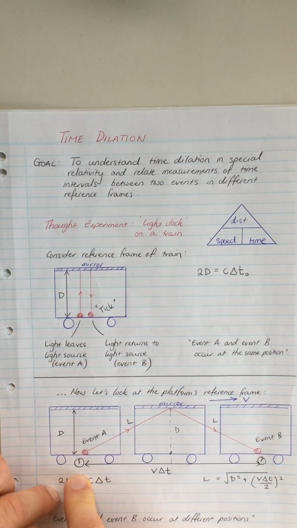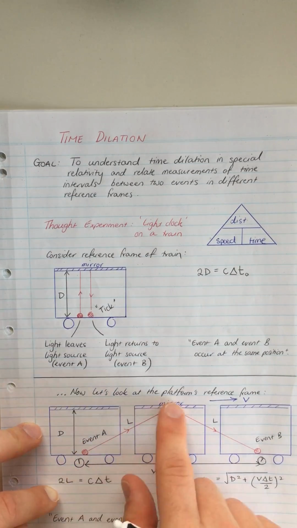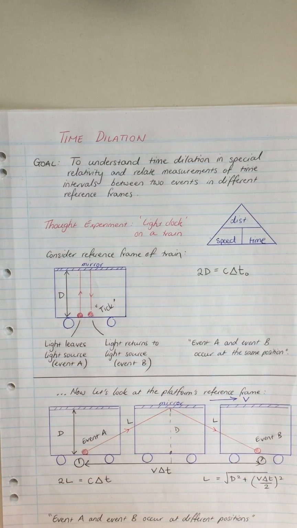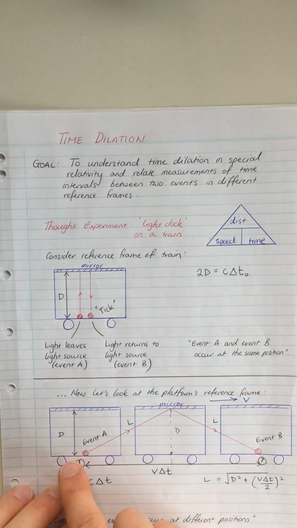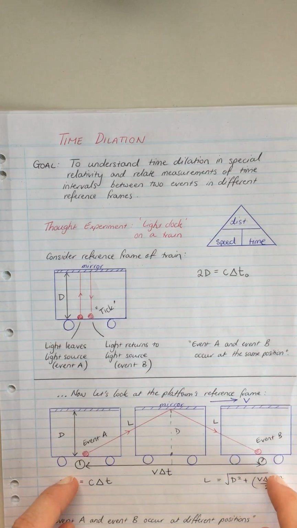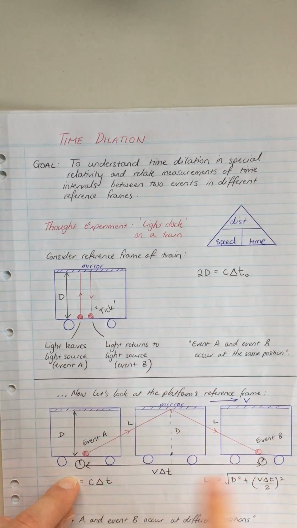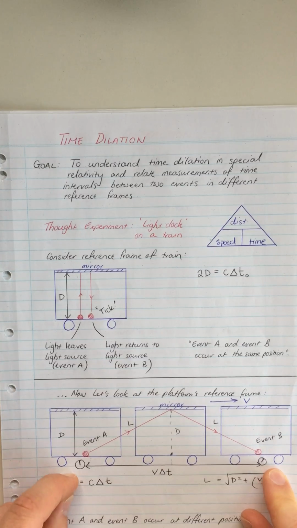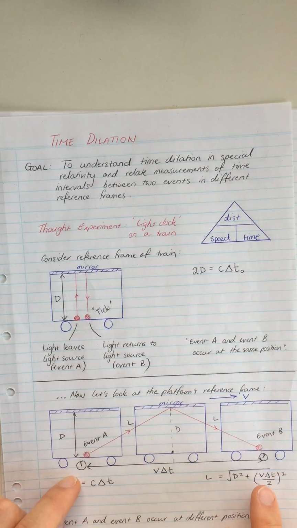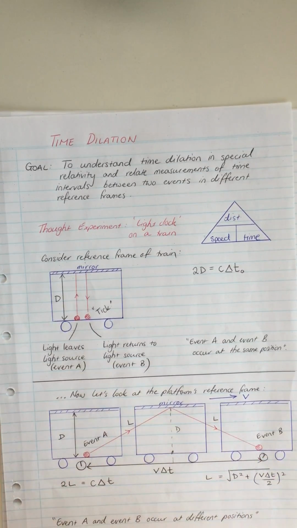The person on the platform sees that clock go up and down, but also to the right. Because it's travelling a greater distance, but at the same speed, they say that more time has passed. And so they will measure on their clocks, which are synchronized, a greater amount of time to have passed. But that's entirely dependent on this person synchronizing their clocks, which means they're ticking at the same time.